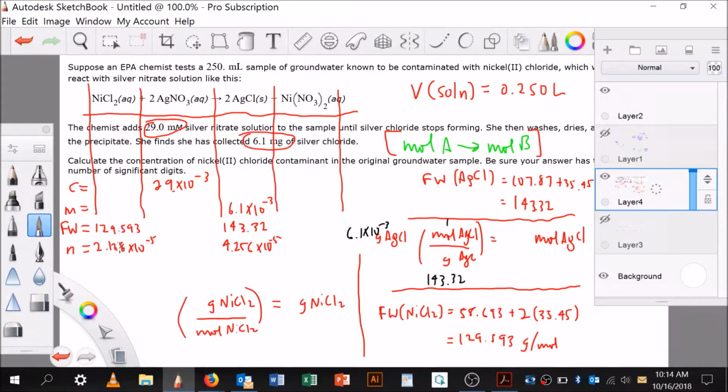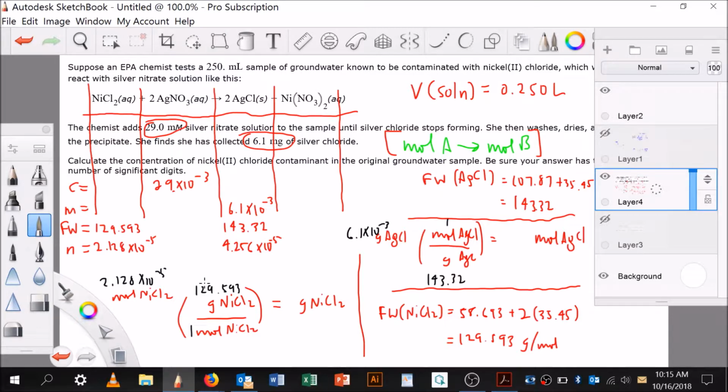And that's that number right there. And I also have moles of nickel 2 chloride. And look at that, I'm basically done. So this is 2.128 times 10 to the minus 5 moles of nickel 2 chloride times 129.593 per mole, right? So let me take those two numbers and multiply them, and I'll have my mass.